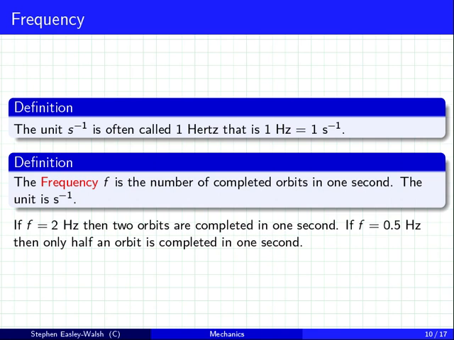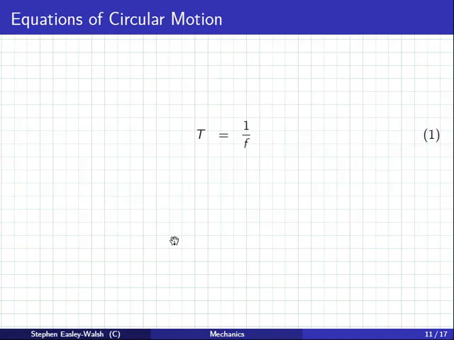Okay, have you got that? Continue? Yes? Okay, so now we have some formulas for circular motion. Okay? The first one is T equals 1 over f. Second one, time and period, yeah, periodic time. Omega is equal to 2 pi over T. It's equation 2.